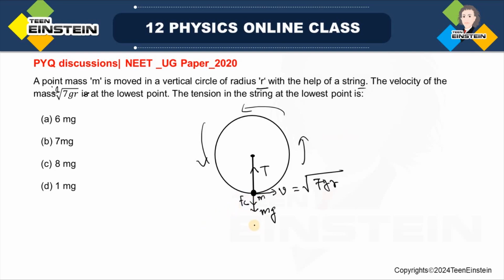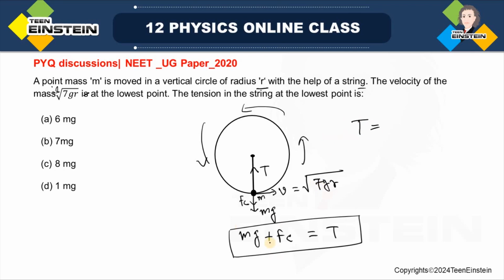If we write down the equation of motion over here, we'll have mg plus the centrifugal force equal to the tension in the string at this position. No other downward or upward force. So this is the balanced equation of the forces, and from here we'll be able to find the tension.